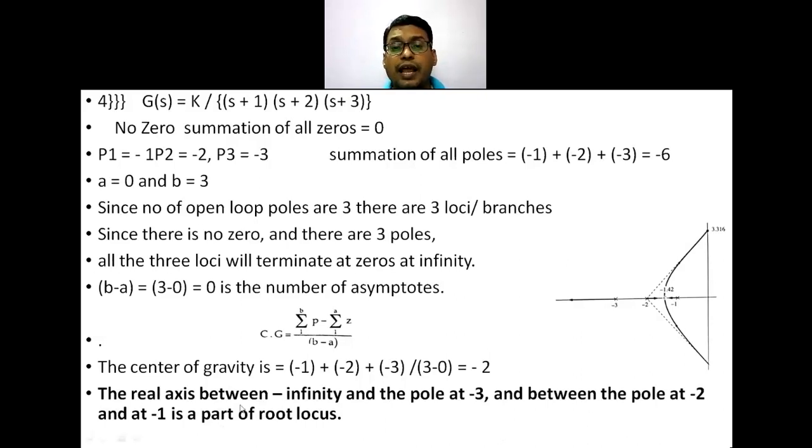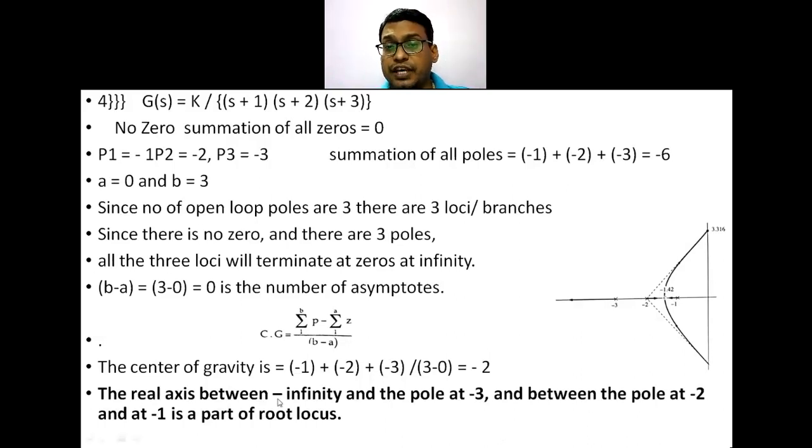The real axis between minus infinity and the pole at -3, and between the poles at -2 and -1, is a part of the root locus. Now this is very important, that is why I have bolded it.